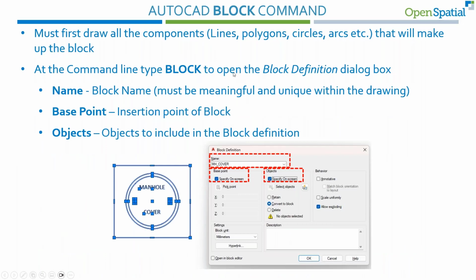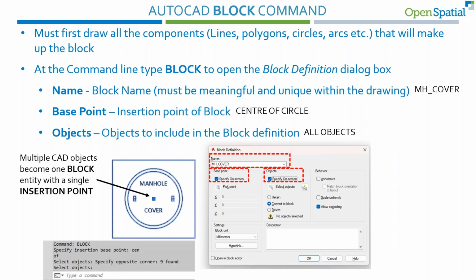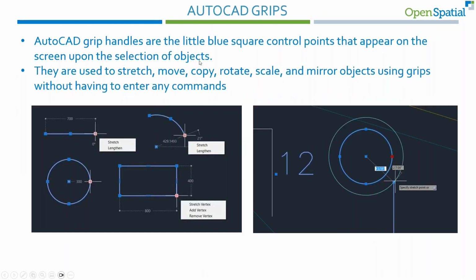I'm not going to spend any detail on creating blocks, but there's a lot of different functionality. It's quite a powerful tool in terms of creating blocks with different insertion points, etc.